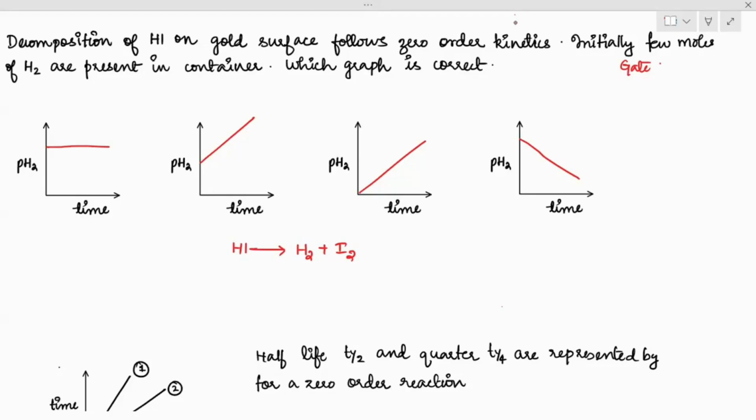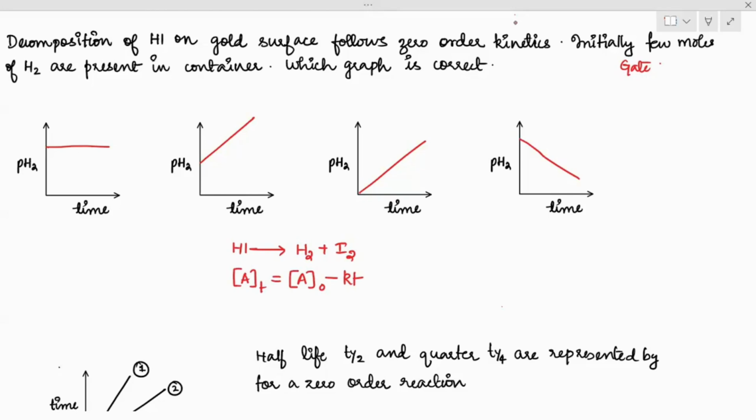So it says that it's a zero order kinetics. We already know the kinetics of zero order reactions, right? What is the equation? The concentration at any time, A, is equal to the initial concentration minus KT. This is with respect to the reactant.